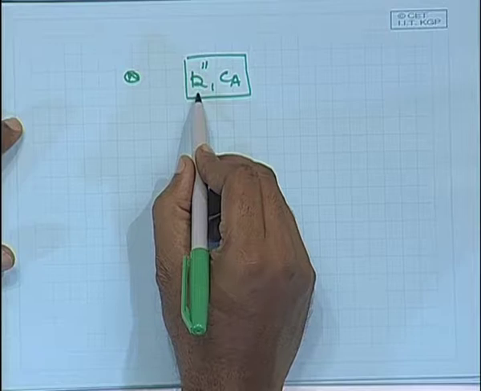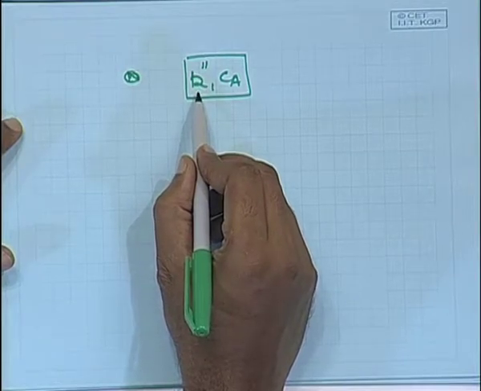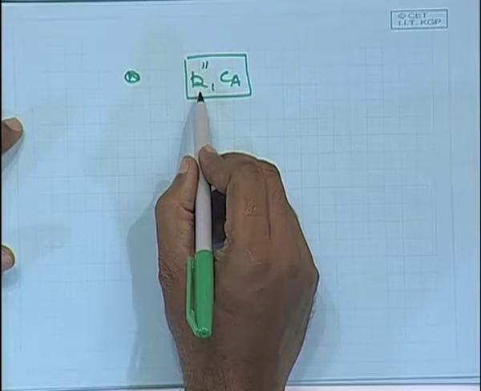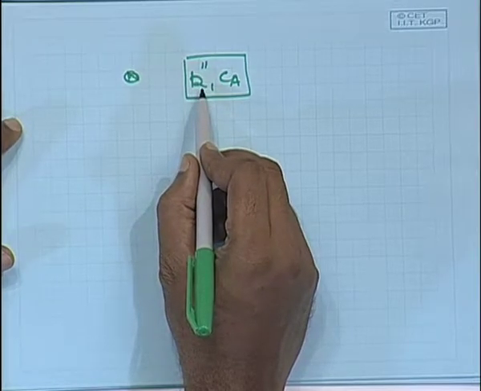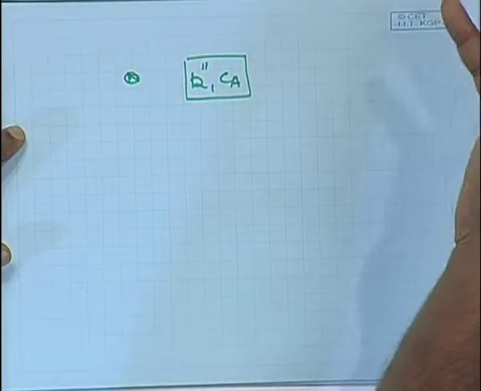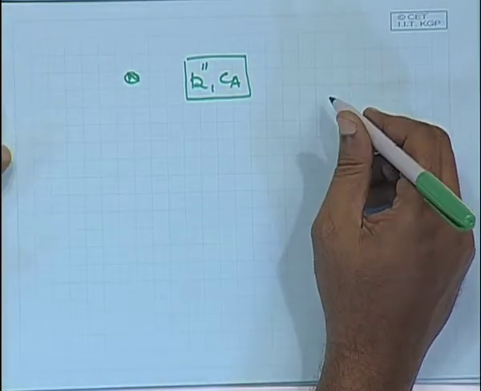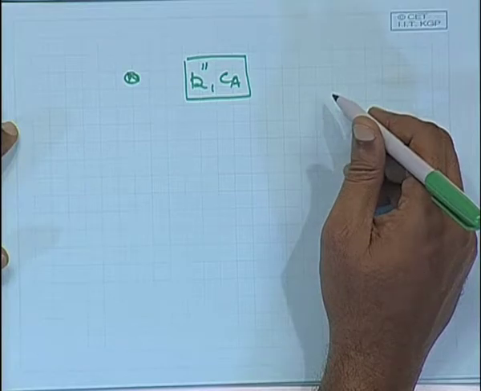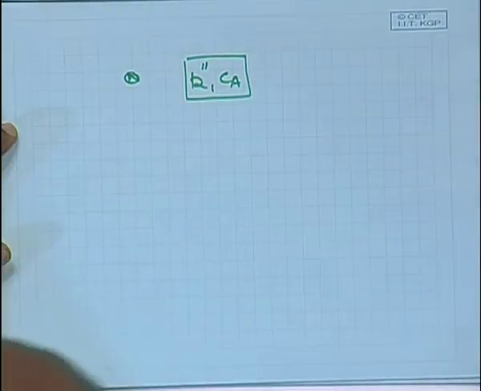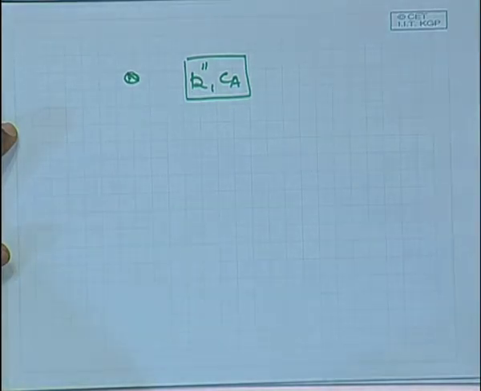What was the value of K1 double prime in the previous case? Previous case in the sense the one that I was just talking about, the catalyst one. I am hearing 0 from one side and infinite from the other side.